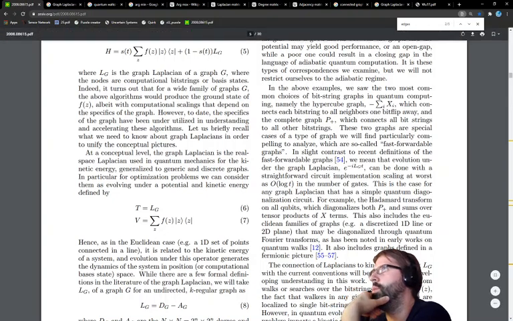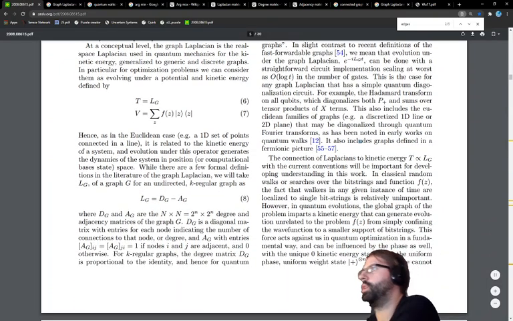But this seems to be somewhat used as an operator. I don't know. The connection Laplacian. Okay, whatever, let's go on. The connection of Laplacians to kinetic energy with the current conventions will be important for developing understanding in this work.